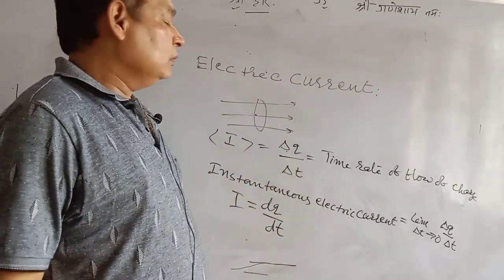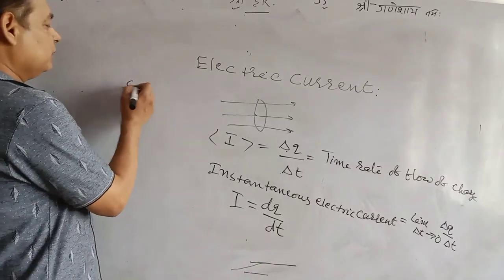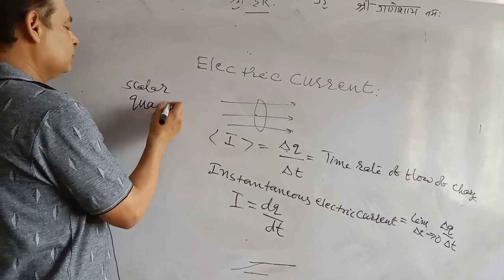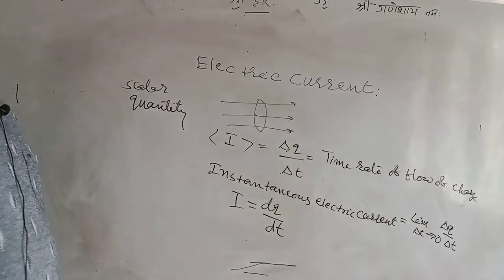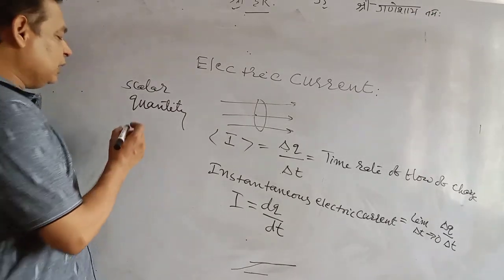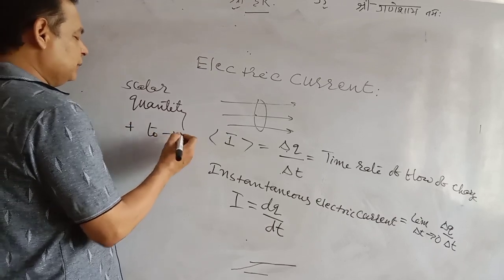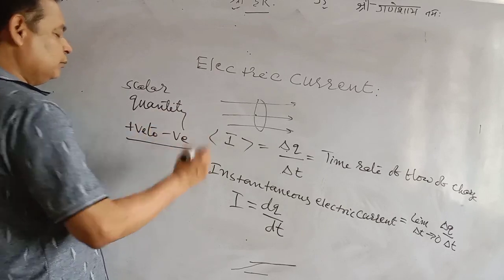Basically, you know, current is a scalar quantity. It has magnitude. It has direction also. This direction is taken from higher potential to lower potential, positive to negative potential.